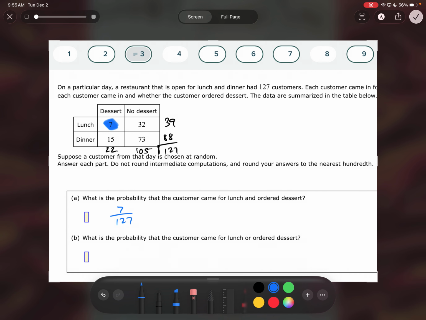What's the probability that the customer came for lunch or ordered dessert? So the probability they came for lunch would be 39. Dessert would be 22. So 39 plus 22 would be what? 61. What's wrong with that?